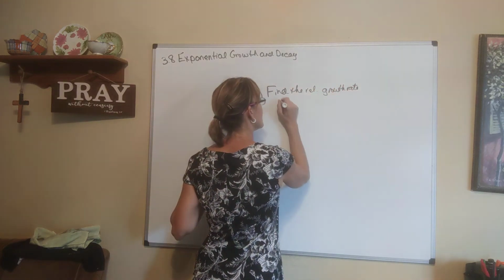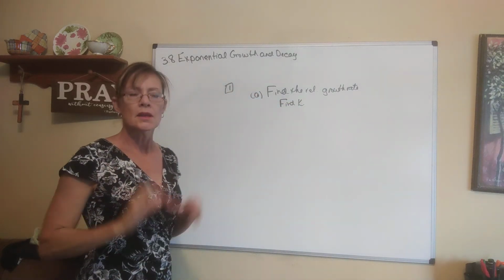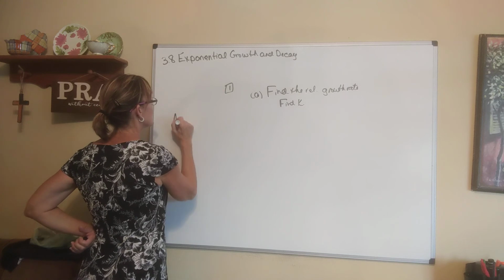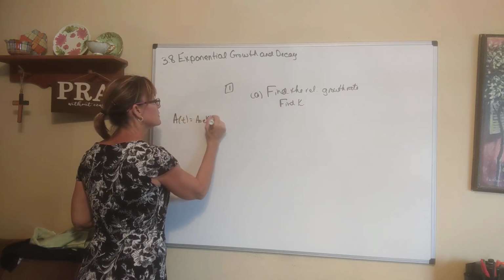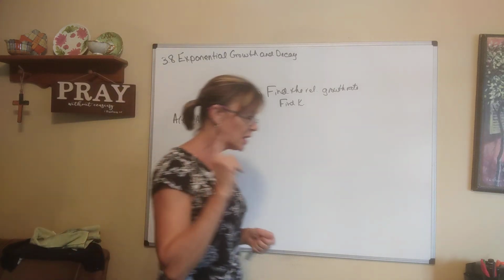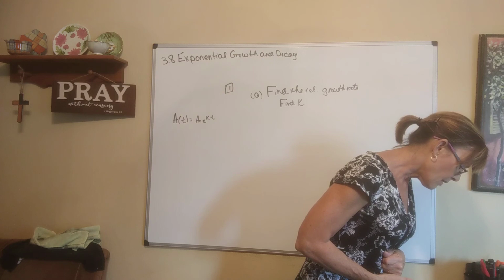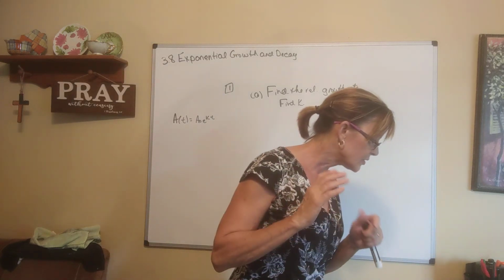Well, that means find k. That's what that means. And what we know is we are dealing with an exponential situation. Okay, so let's look at what they told us at the beginning. At the beginning, they said that the cells are doubling.